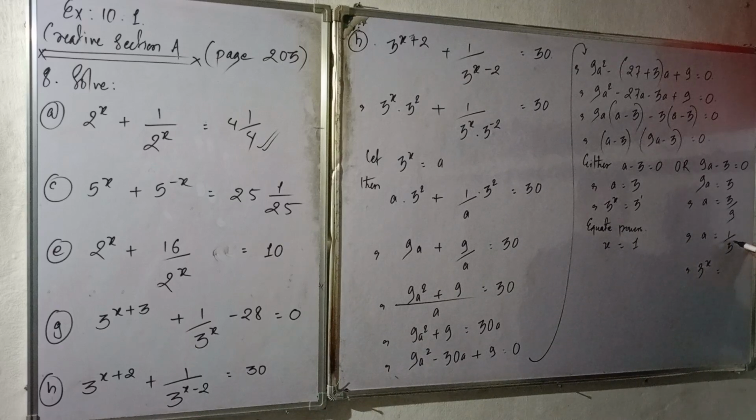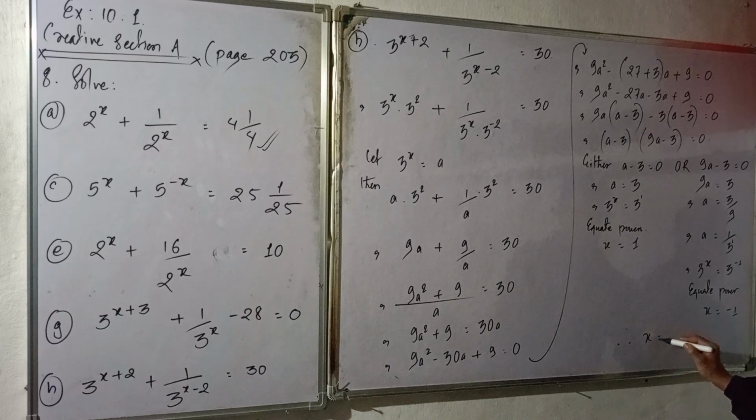Now 3 power nothing means there is always 3 power 1. If you bring this denominator to the numerator, it will become 3 power minus 1, and when you equate powers, you will get x equal to minus 1. So there are two values for x, that is 1 and minus 1.